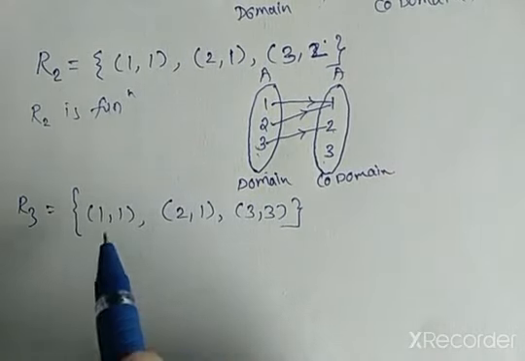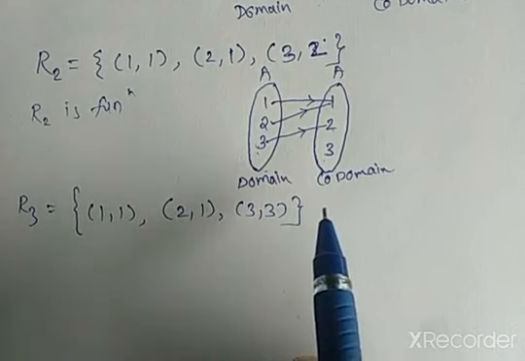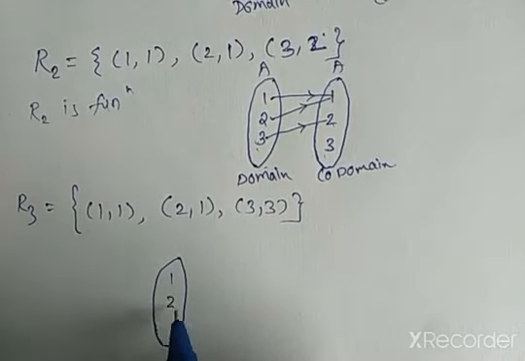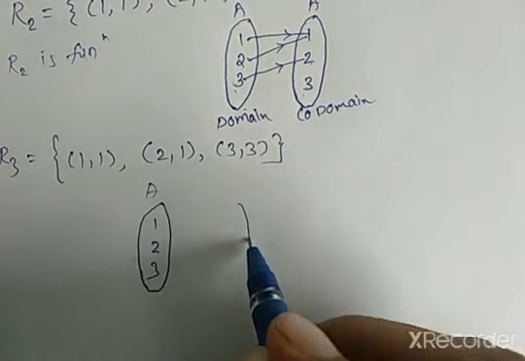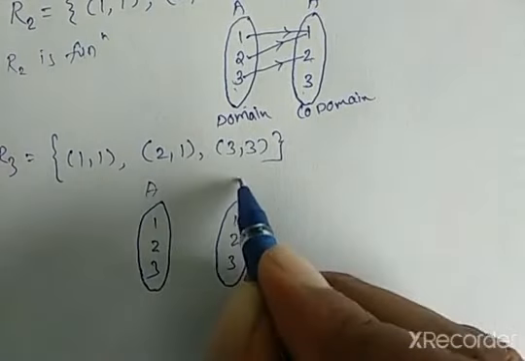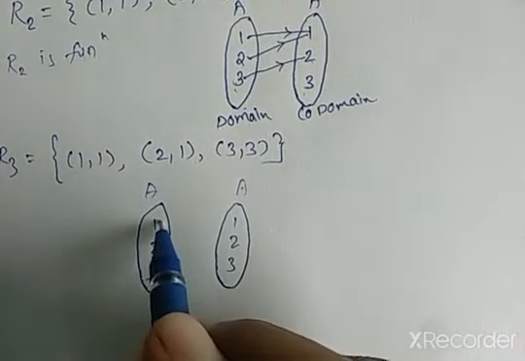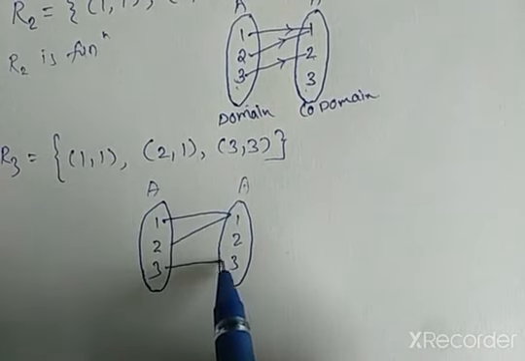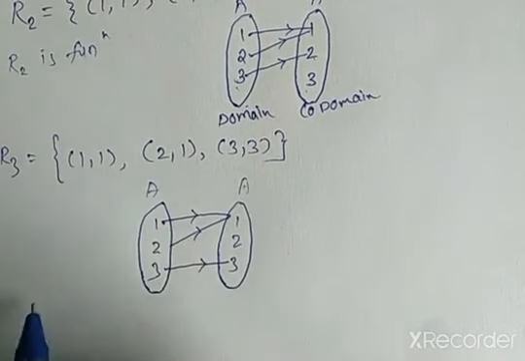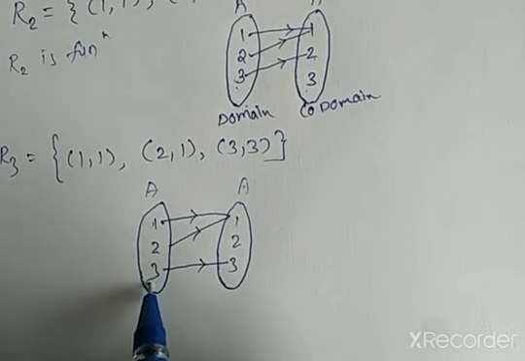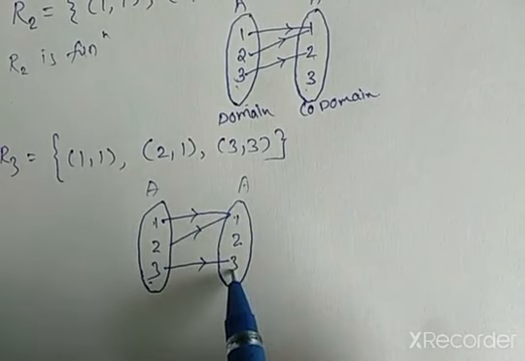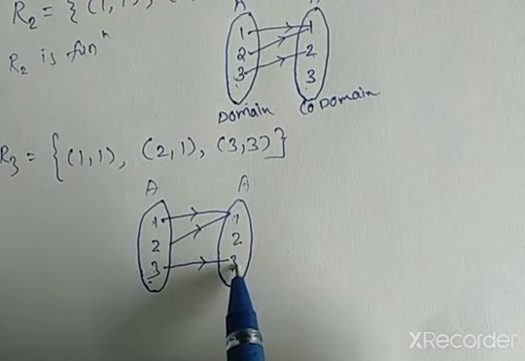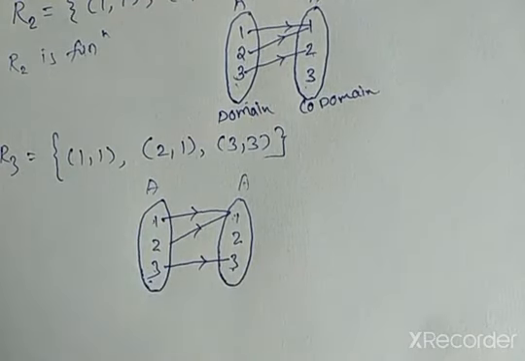Here again you can check it, 1, 2, 3 in set A only. 1 has an image 1, 2 has an image 1 only, and 3 has an image 3. Here also every element in the domain set has only one image.